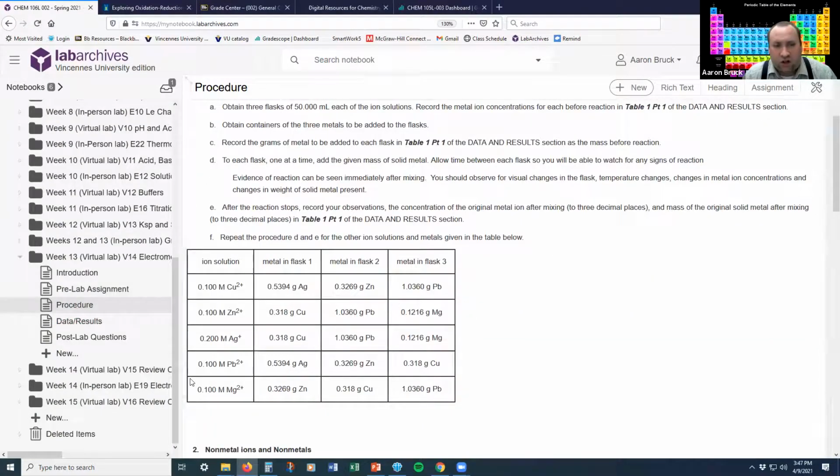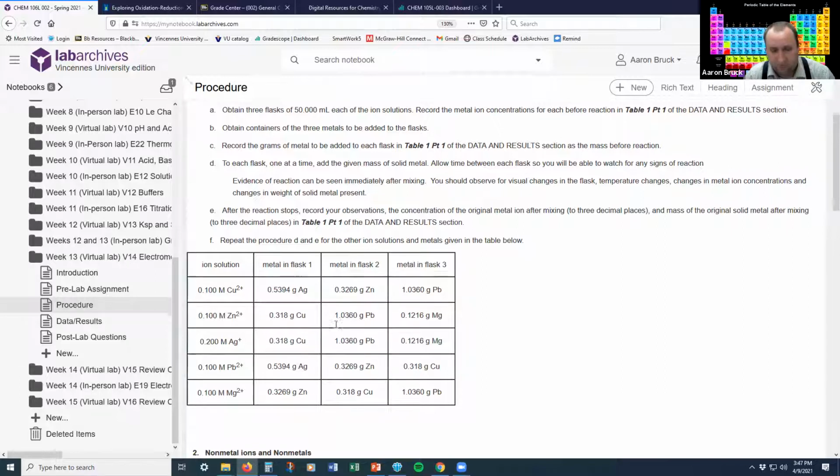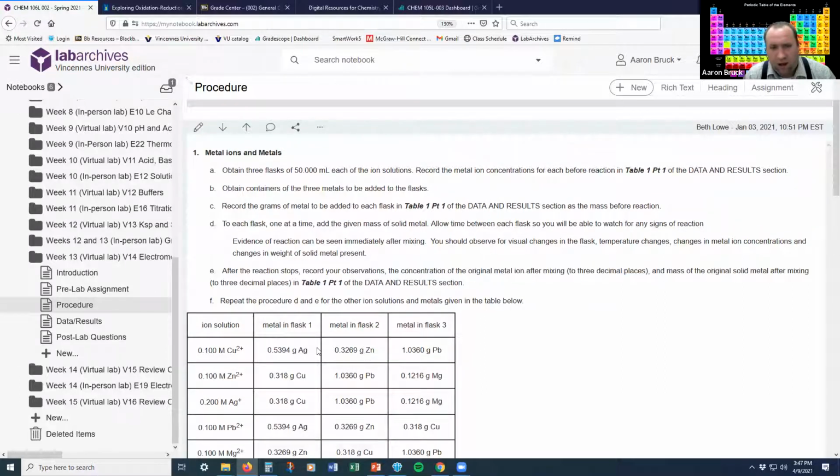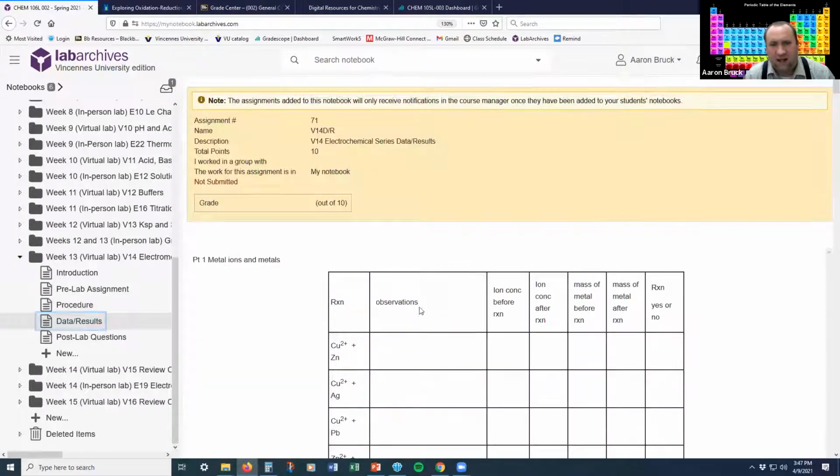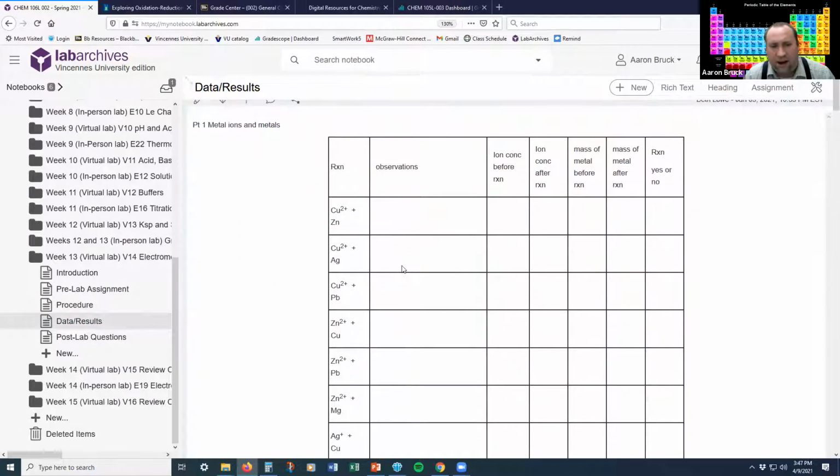But what you're going to do is follow this protocol where you make each of these solutions and you record in the data table what happens in each of those cases.